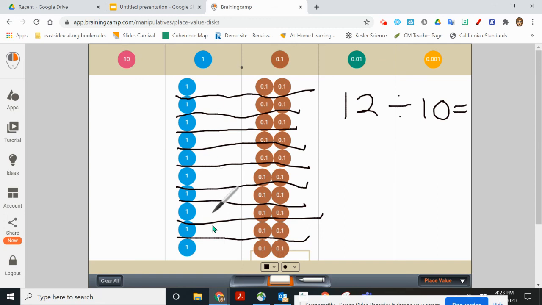So now we have exactly 10 groups, and in each group we have one whole and 2 tenths. So our answer here is 1 2/10. There are 10 groups for a total of 12 grams worth of jelly beans.